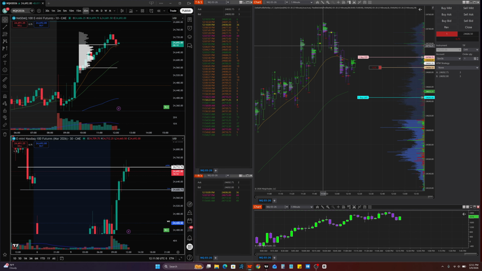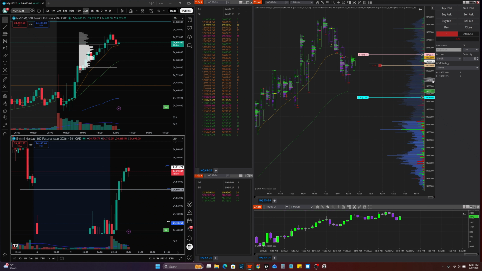You can see aggression coming in after this drop, and all we want is for the market to trap these buyers coming in at the top at 700s. On a 30-minute time frame, we not only closed the gap of yesterday, but we also tapped into the yesterday value area low of Friday.